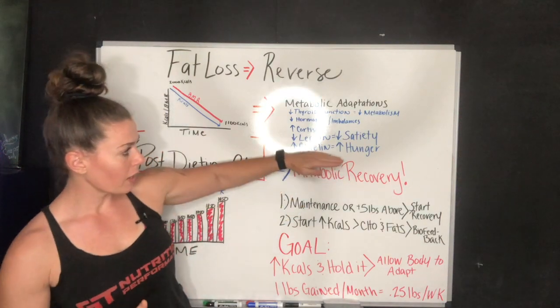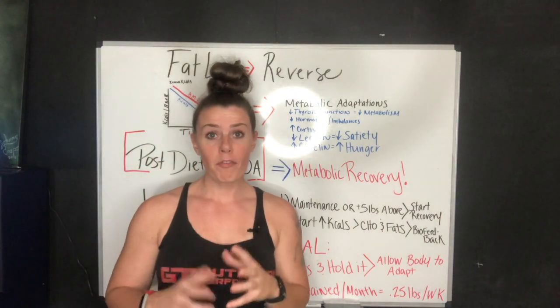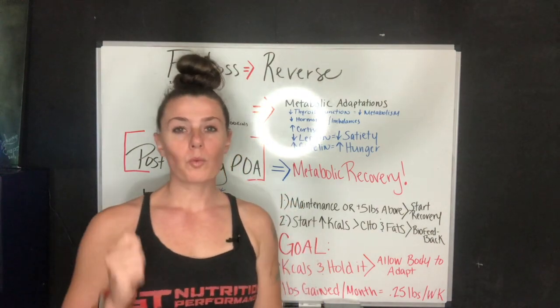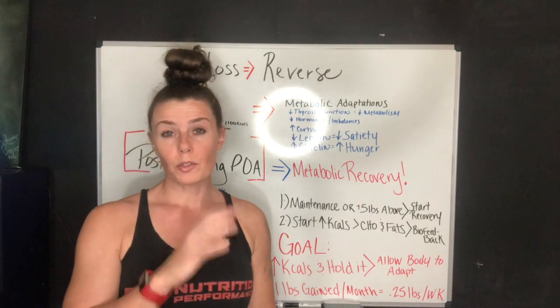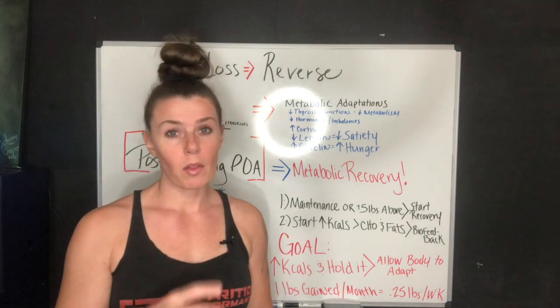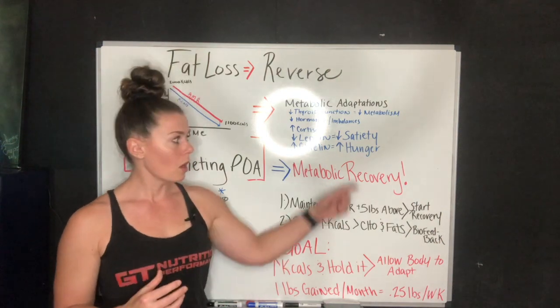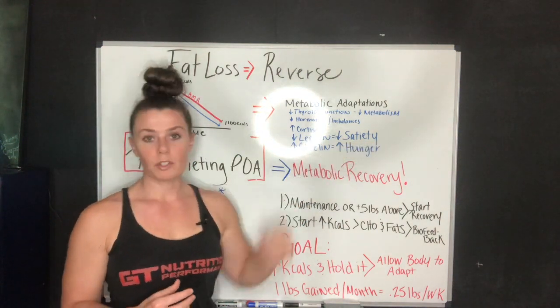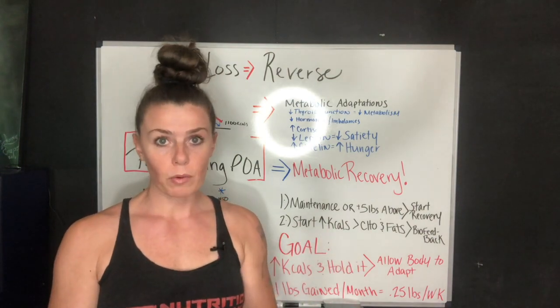And usually leptin and ghrelin, both of them being off, are the two main reasons why people get themselves into trouble once they're done with their fat loss protocol. Because they'll go in, they'll eat food, they're still hungry, they're never satisfied. So they'll go ahead and be consuming a large amount of calories.